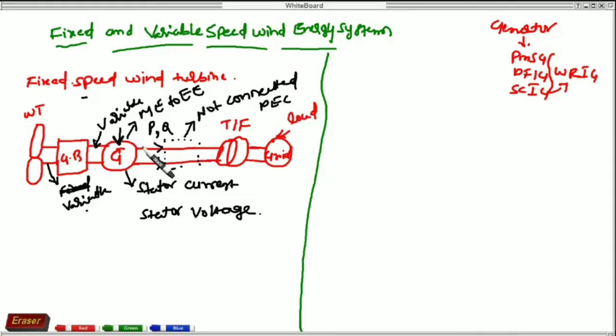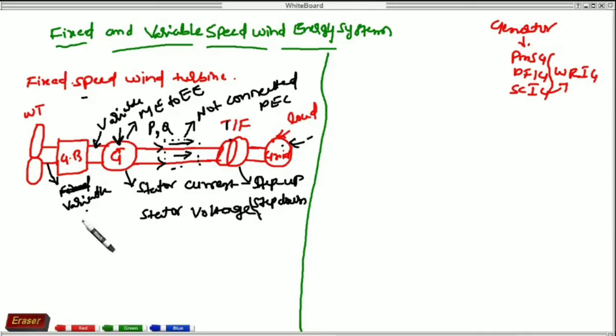The current flows only in this direction. Here we are using transformers, either step up or step down transformers. After that we connect to the grid, where we distribute the power.